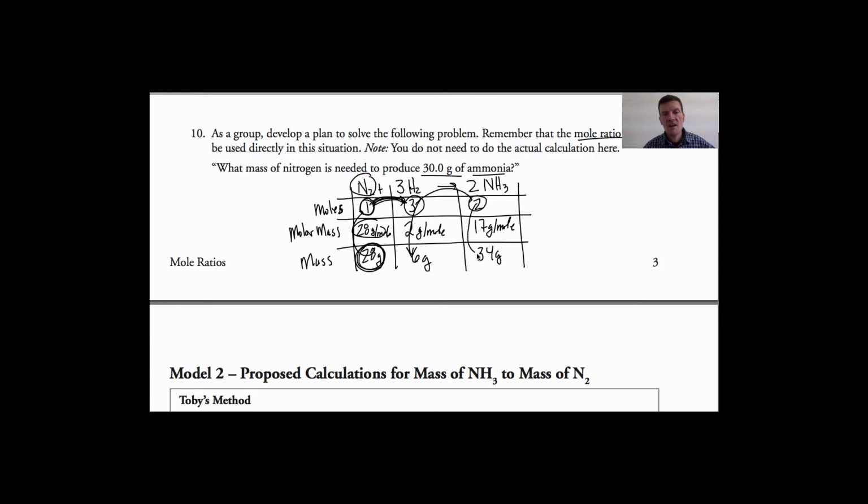And then if you want to find out how much mass that is, you would multiply by the molar mass of ammonia. So every time you go up or down in this column, you have to use the molar mass. If you know the moles and you want to find the mass, you multiply by the molar mass. If you know the mass and you want to find the moles, you divide by the molar mass.